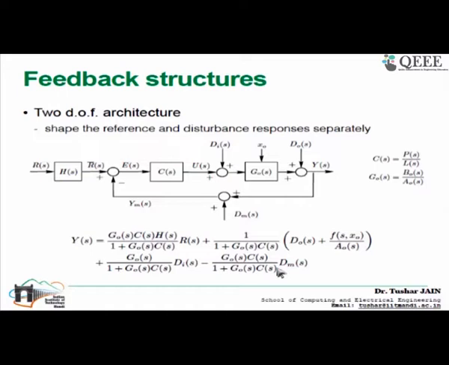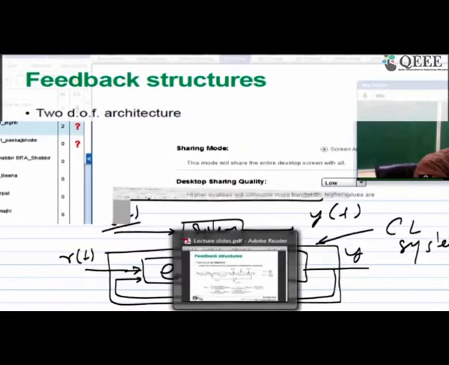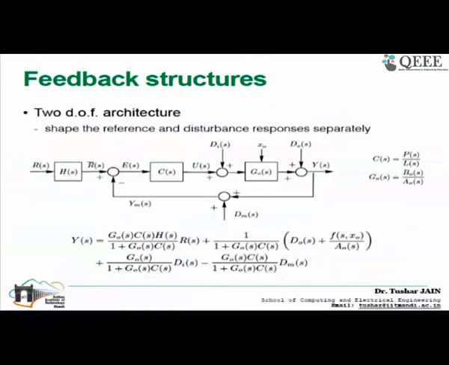Now just take a close look at this equation: this H of S transfer function appears only in the path when I am observing my output with respect to the reference, while C of S comes in all the transfer functions, with respect to both the set point and the disturbances.